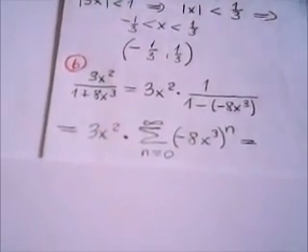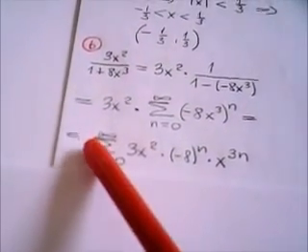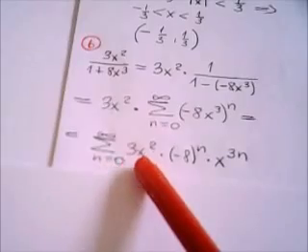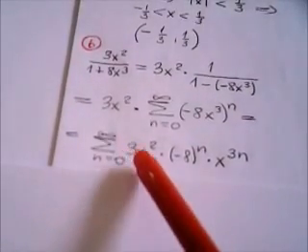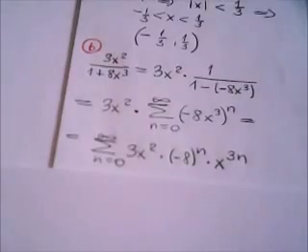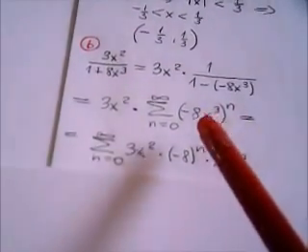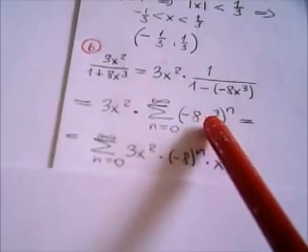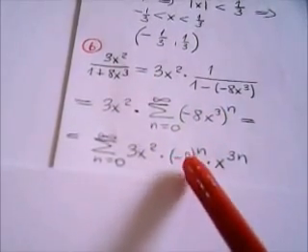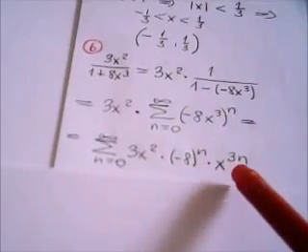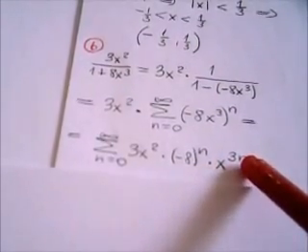Because of that, I can write 3x squared inside of the summation, and minus 8x cubed to the power n is minus 8 to the power n times x to the power 3n.